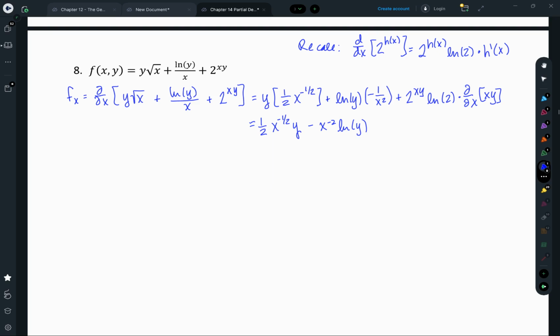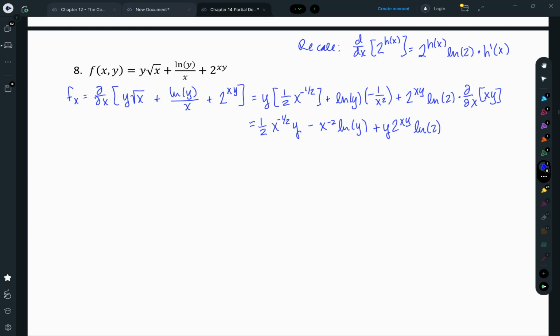And then now we're on our third term. The derivative with respect to x of xy is y. So right here, what I have is plus y, 2 to the xy times ln of 2. And that's my final answer for f sub x.